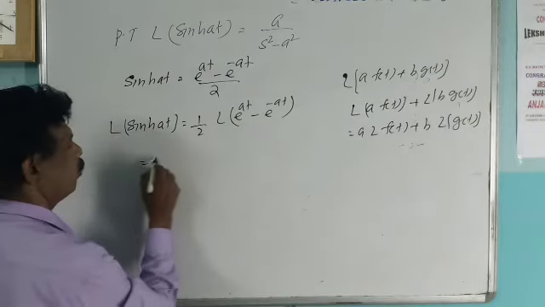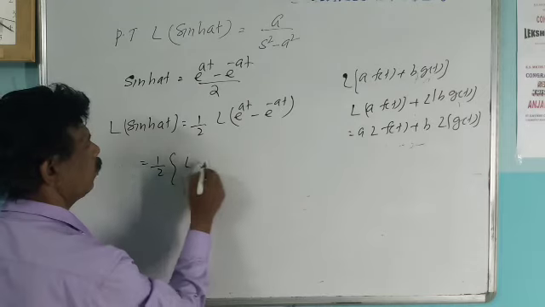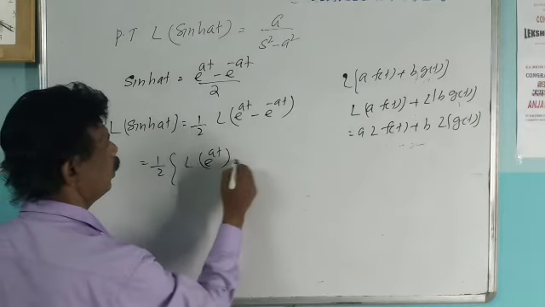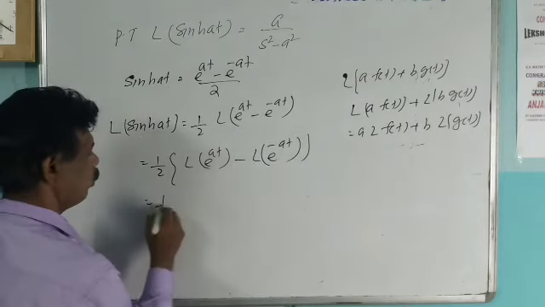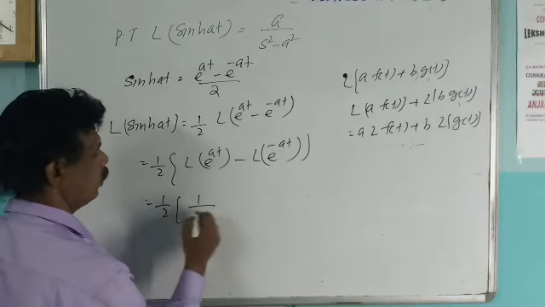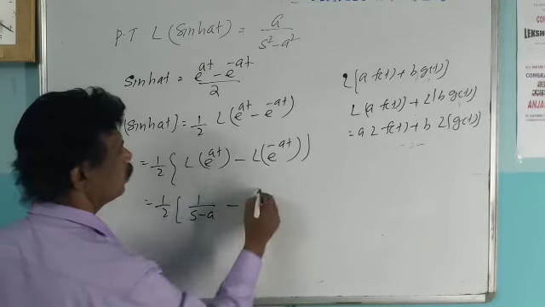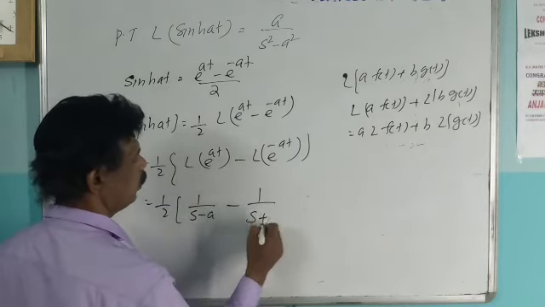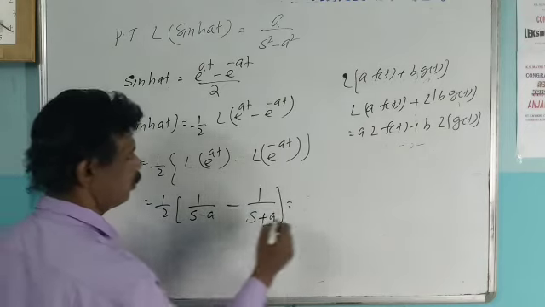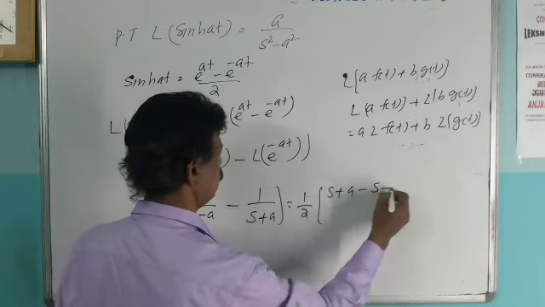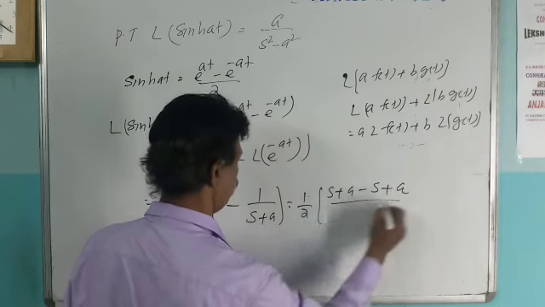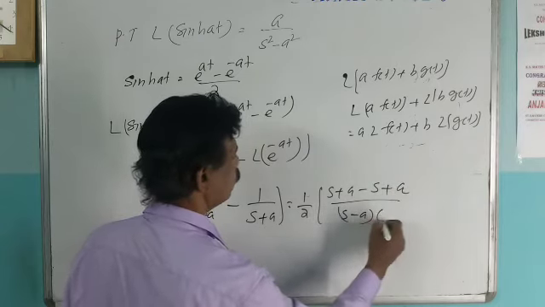Similarly, we can write 1 by 2 out of Laplace of e raised to at minus Laplace of e raised to minus at. We have already proved that Laplace of e raised to at is 1 by s minus a, and Laplace of e raised to minus at is 1 by s plus a. Take its LCM: 1 by 2 out of s plus a minus s plus a, divided by s minus a into s plus a.